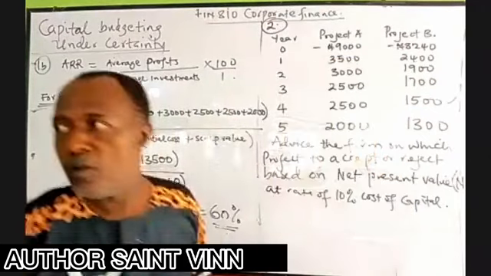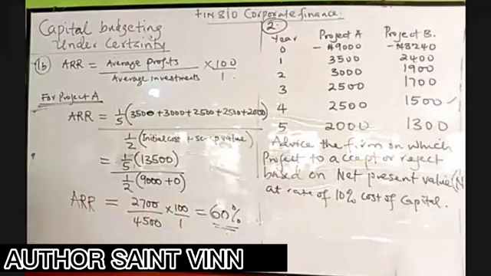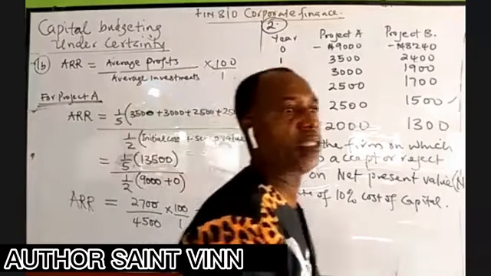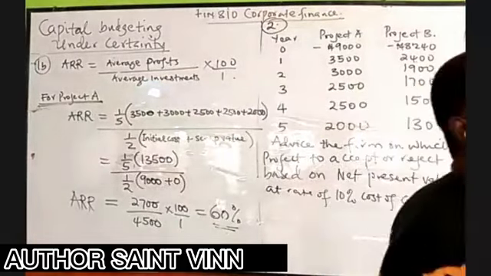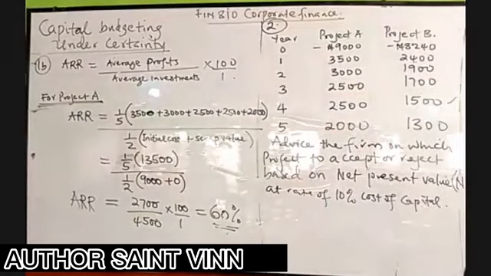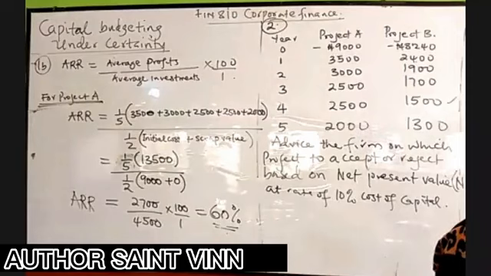First, NPV decision rule 1. When the NPV is greater than 0, which means it's positive, you accept the project. Accept the project when the NPV is positive. Even if it's 0.7, it's still positive. If it's 1 point something, it's positive.